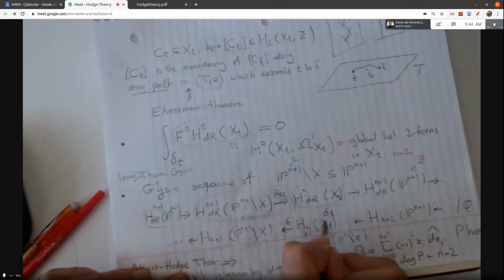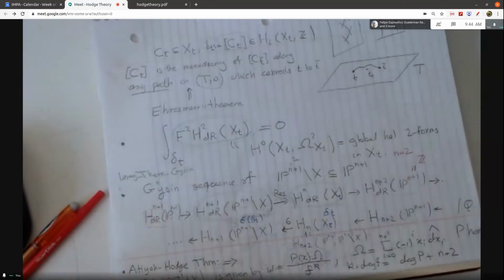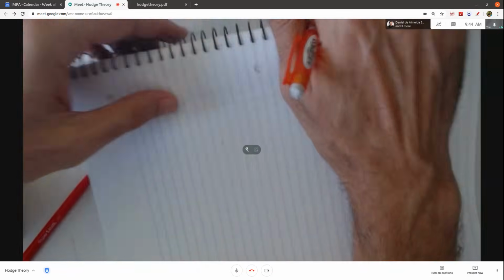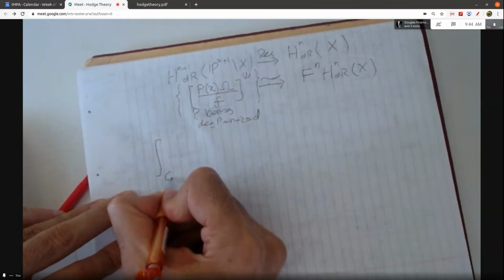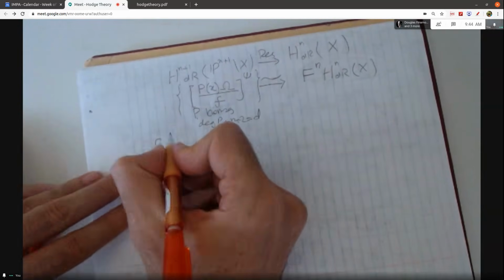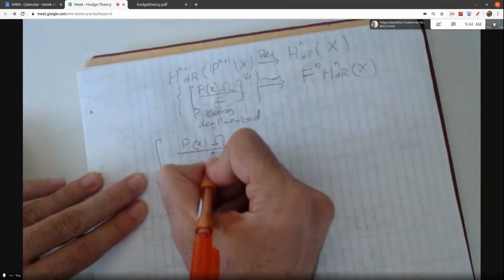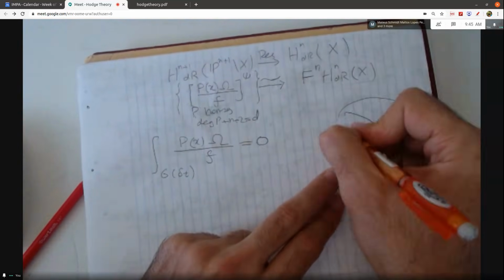And sigma, so I will consider this sigma delta t. Yeah, which will be here. Okay, so our hypothesis will be translated into this one. So maybe I make a picture.